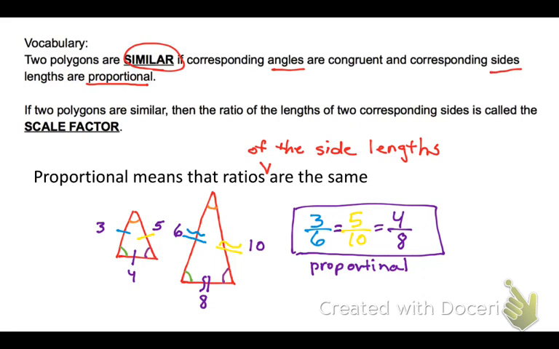Now, if two polygons are similar, I'm looking here now at scale factor, then the ratio of the lengths of the two corresponding sides is called the scale factor. So the scale factor in this is going to be equal to 2, because we multiplied everything by 2.